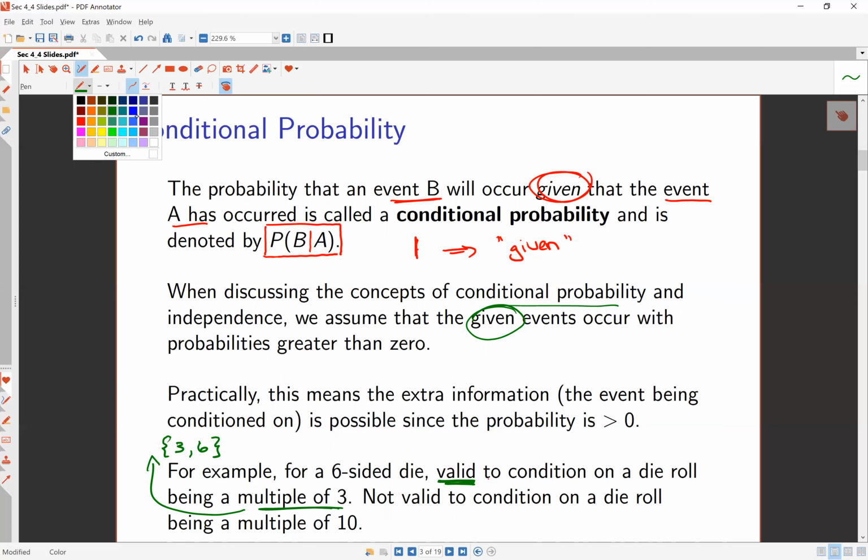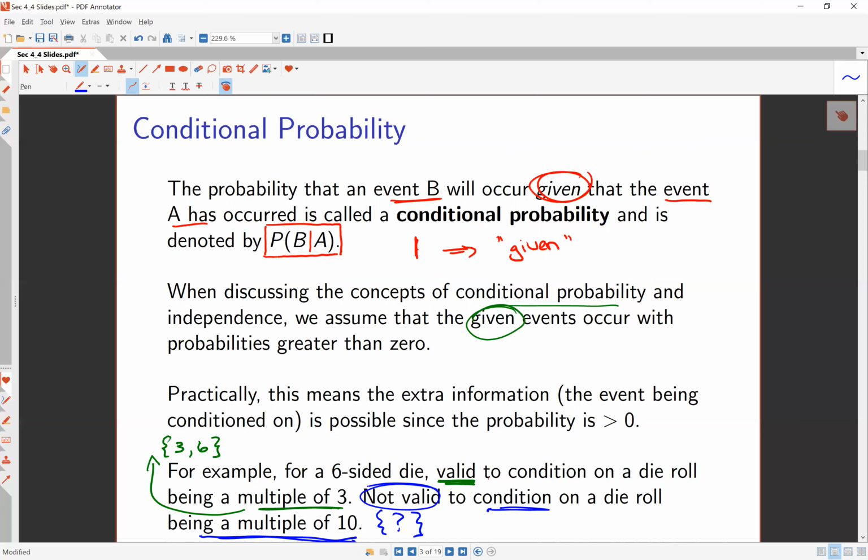But what if I try to say that I'm conditioning on a die roll being a multiple of 10? Which of the numbers 1 through 6 is a multiple of 10? None of them. So here I'm trying to condition on something that is impossible in my experiment, and so clearly that's not a valid conditioning.